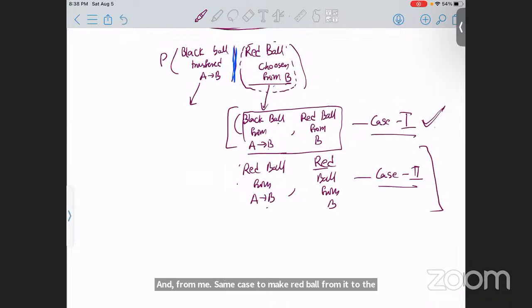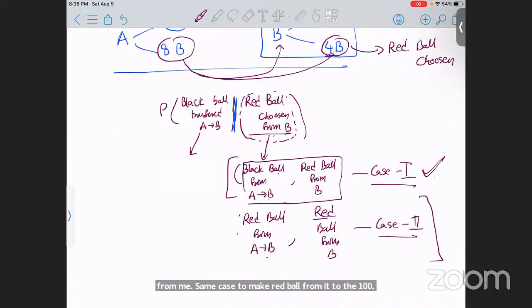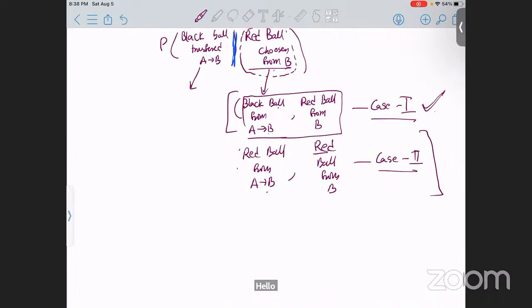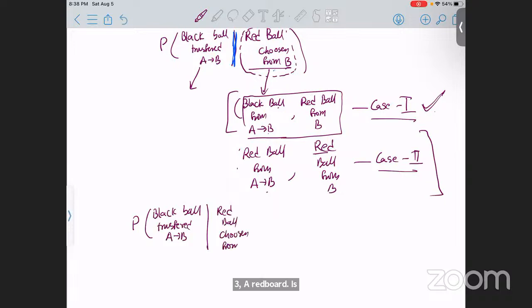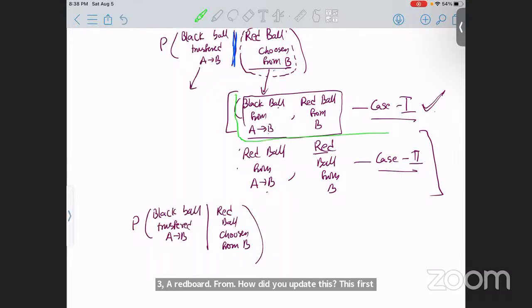Now the next important thing is this: P of black ball transferred from A to B, given red ball chosen from B. Did you observe this? The first thing, case 1, is the required case.